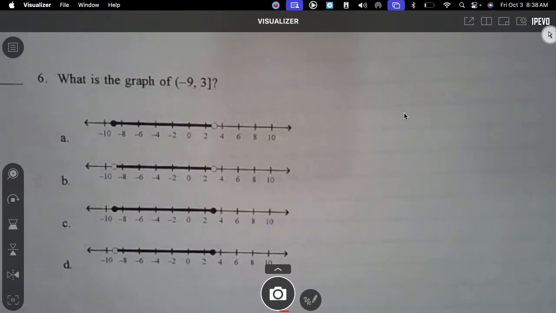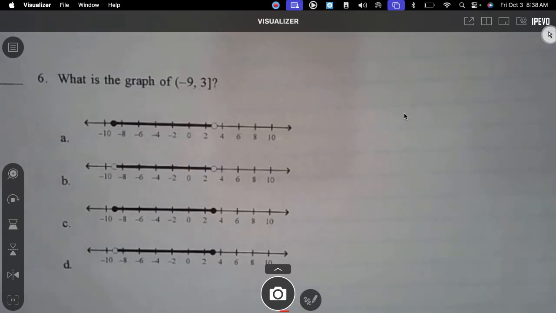Okay, so this is really weird. It's not an ordered pair. It's called interval notation, and it starts at a number and it goes to the next number. If it's a parentheses, it's not equal to that number. If it's a bracket, it's equal to that number. So this one says we start at what number? -9, and we're going to go all the way up to what number? 3.